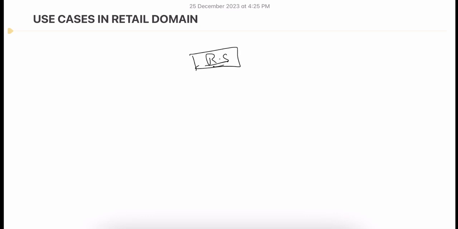Now, a retail store has so many goods, right? So we have to buy it from somewhere else, say, assume from a manufacturer. Post buying it, we have to move these goods, right? And once we have these goods, we have to sell them off.